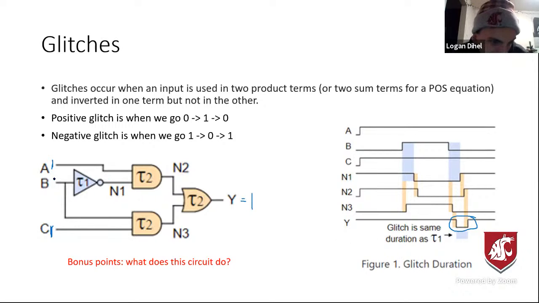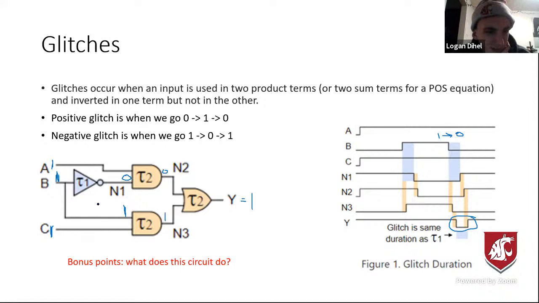So B goes from 1 to 0. If B is a 1 right here, then we'll have a 0 here and a 1 there. Just kind of steady state. This is a 1, this is a 0, that's a 1.